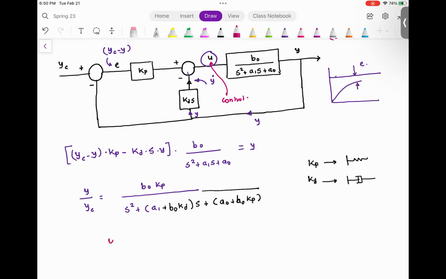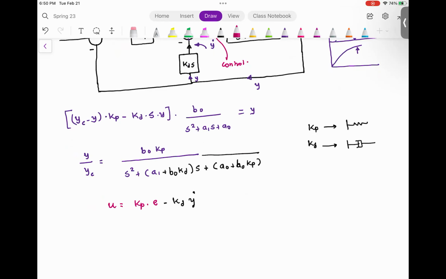The control is nothing but Kp multiplied by the error that is coming from here, minus Kd times y dot.